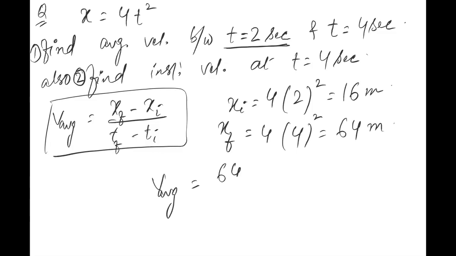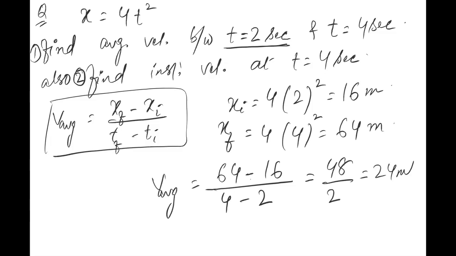What would it be? 64 minus 16 divided by the final value of time 4 minus 2. 64 minus 16, how much is that? 48. Divided by 2. This will be equal to 24 meter per second. Very good, Saksham. Everyone, please respond. Did you understand how we calculated this average value of velocity? Yes, sir.